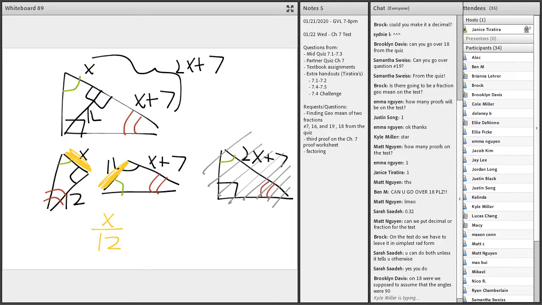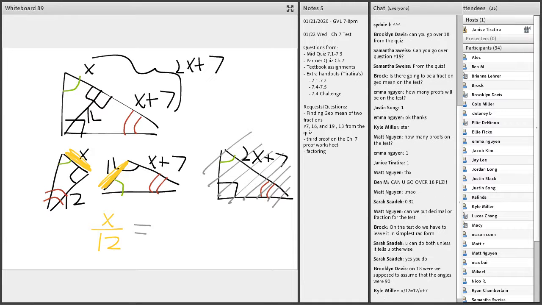Well, it's not a scale factor yet because we don't have a number. So it's just considered a ratio. Okay, then we look at the two pictures again, and I'm going to use a different color. Let's use blue. So blue, this is touching the 2 red marking and the 90. So you have to say, is there a side that's touching the 2 and the 90? And there is. So then we put 12 over x plus 7.